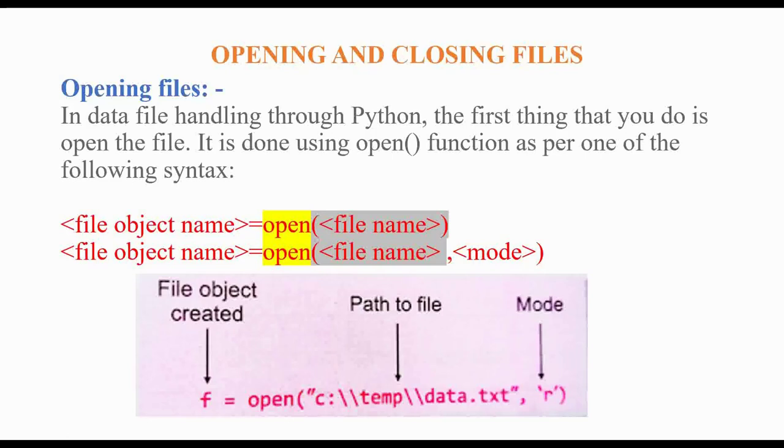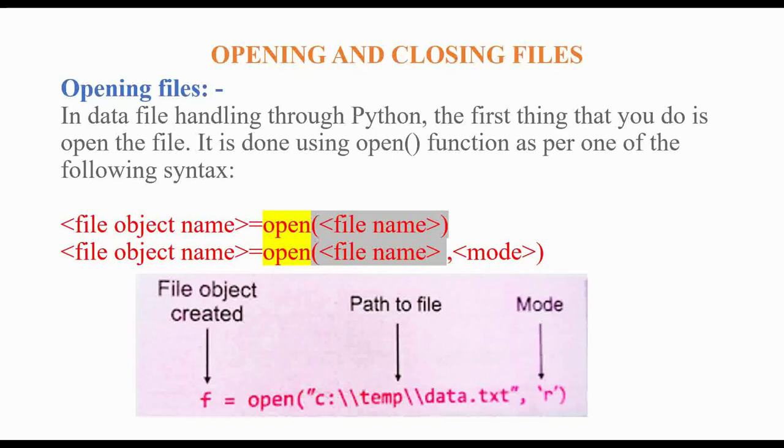The file object will keep track of the file name and the mode in which the file is going to be opened. For example, if I'm going to create a new file, the file object here is called F. So my F object is going to hold two important pieces of data, that is my file name and the mode I am going to work in the program.